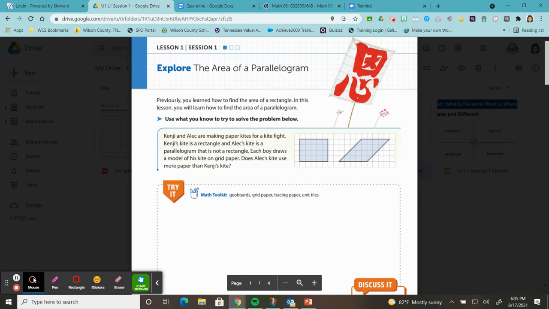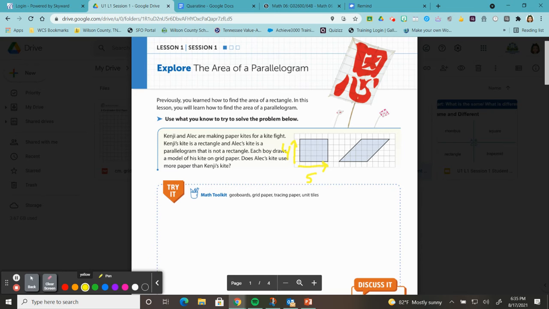So in taking a look at this, we want to count up the squares in each. We would count going across, and we would find that that is 5 squares. 1, 2, 3, 4, 5. Then we would count going up, and we would find that we have 4 squares.